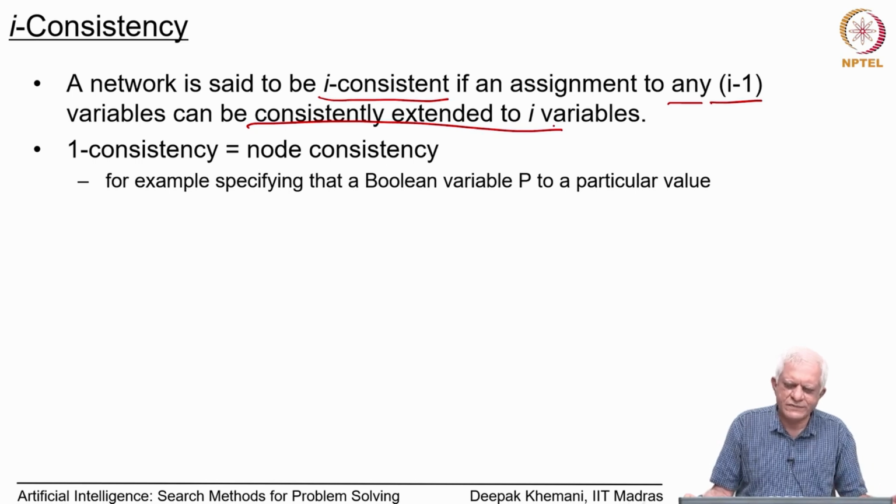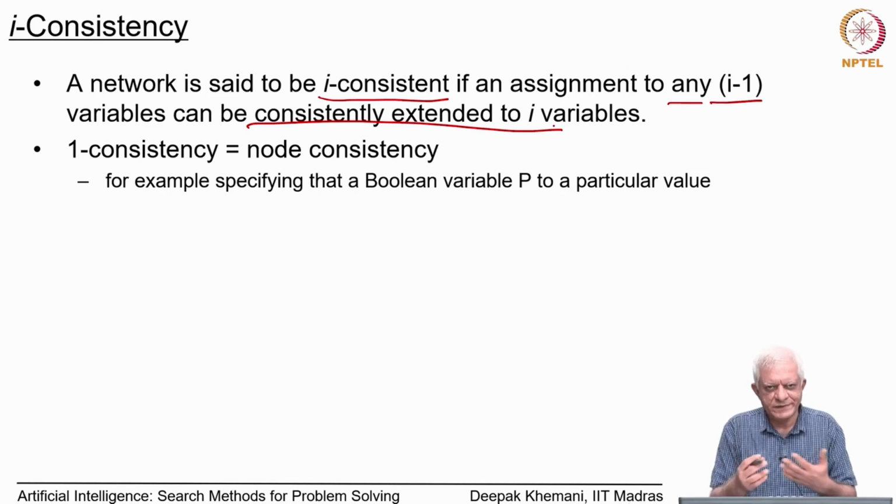The simplest kind of consistency is 1-consistency. We have not really considered that, but if you remember the example of logical reasoning, you could say that we have these four variables p, q, r and s, and the domain of the 4 variables is 2 values, true or false, and then on top of it you impose a constraint that p is true.